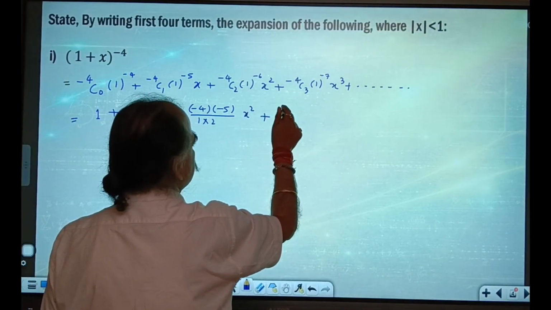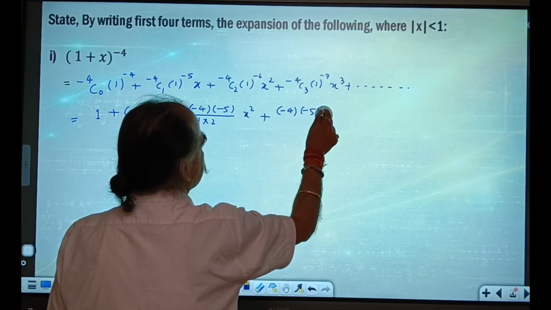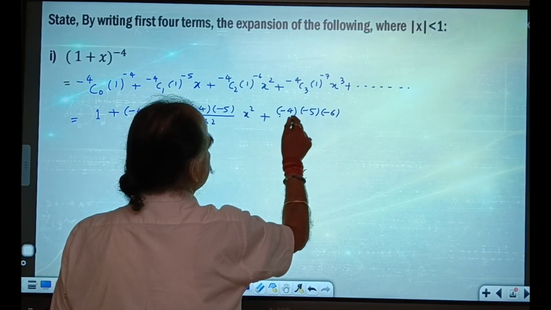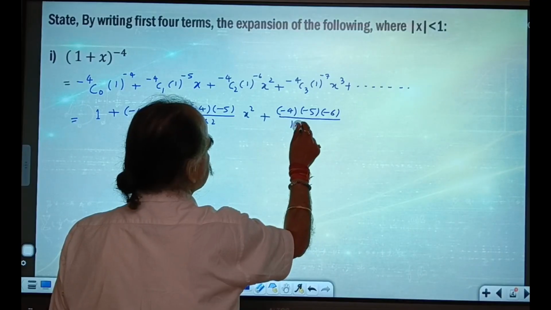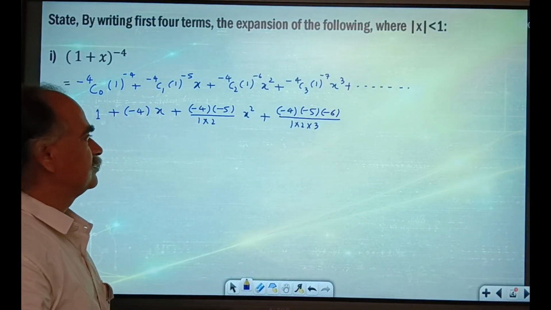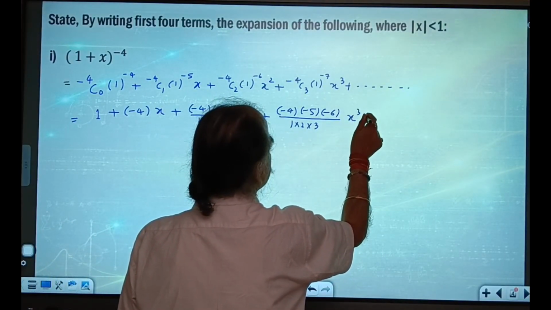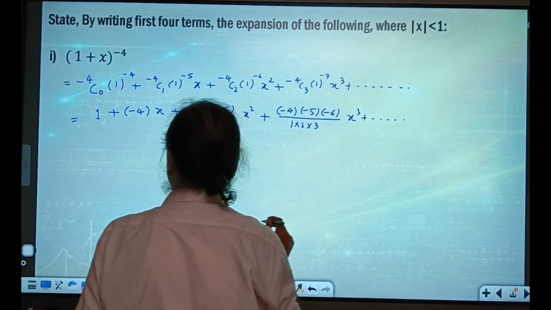Any number C3 is what? Minus 4, minus 5, multiply from back side for 3 times, divide by 1 2 3, into x cube plus so on.